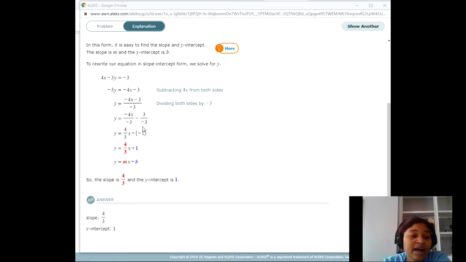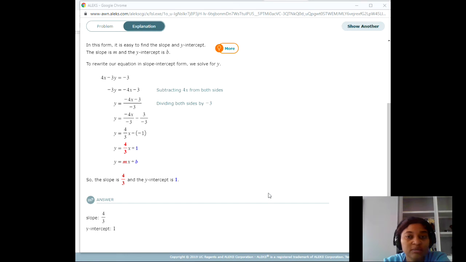You can see here -3y over -3 left them with y, and then they have -4 over -3, and then that left them with 4 over 3x, minus 3 over -3, which is minus 1 times -1, and so that left them with 4 over 3x plus 1. So the slope is 4 over 3, and the y-intercept is 1.